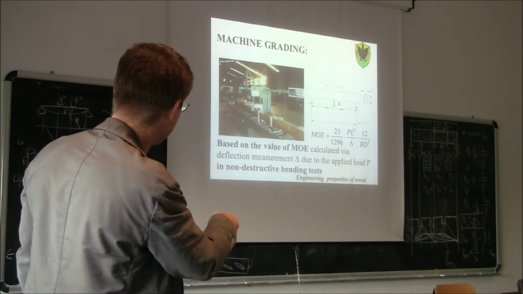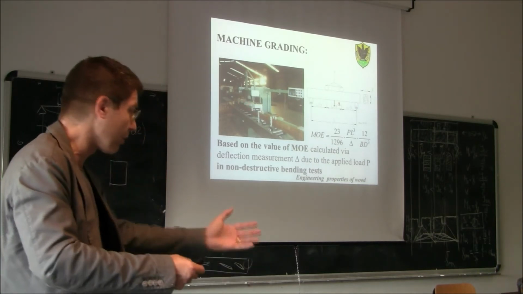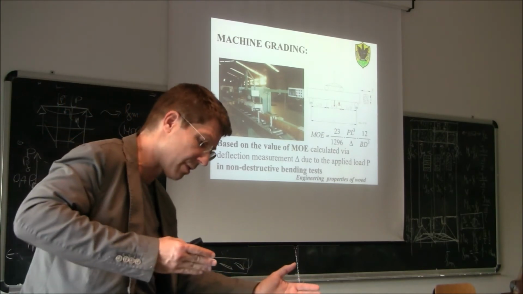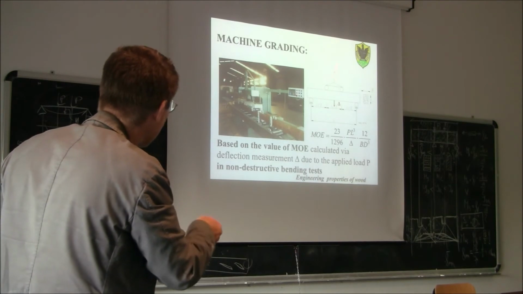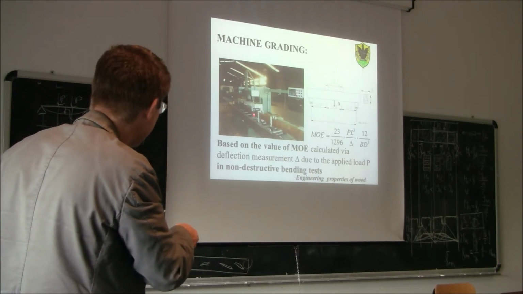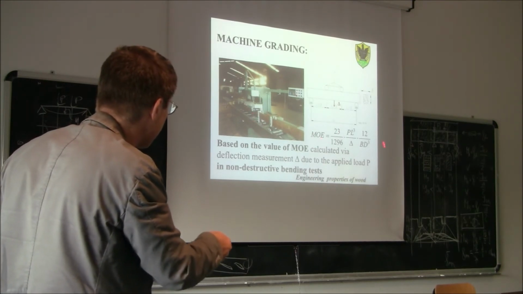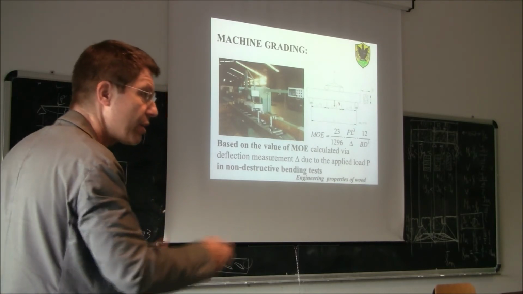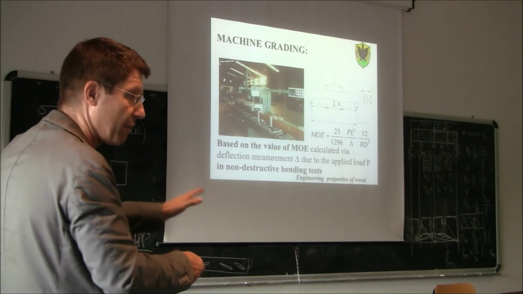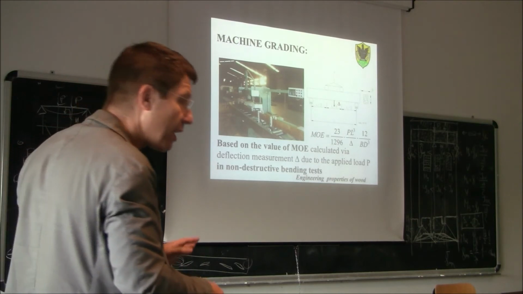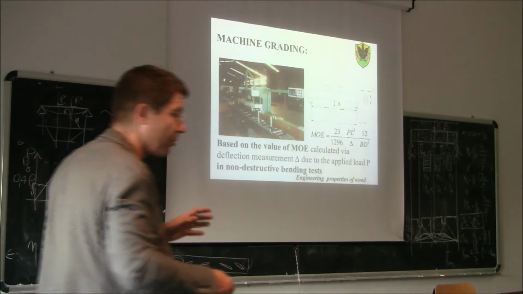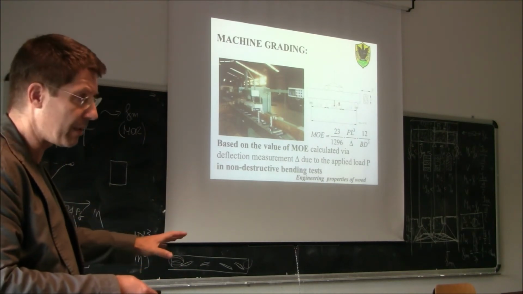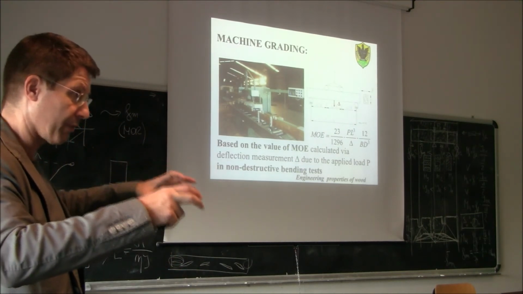The machine has some rollers because the beam moves through the machine. When it moves, the load is applied here, the deflection is measured, and so immediately we can get the modulus of elasticity. So each piece of wood will have a modulus of elasticity. In general, as I said before, the correlation is not enough. So what they are doing usually, they couple this measurement with a scan of the surface.